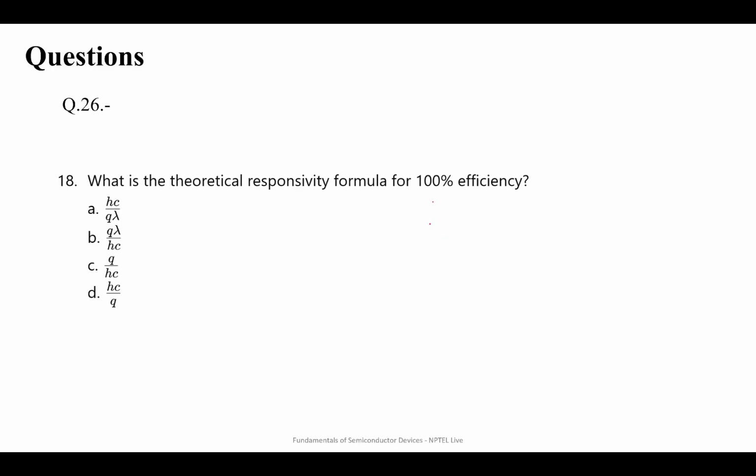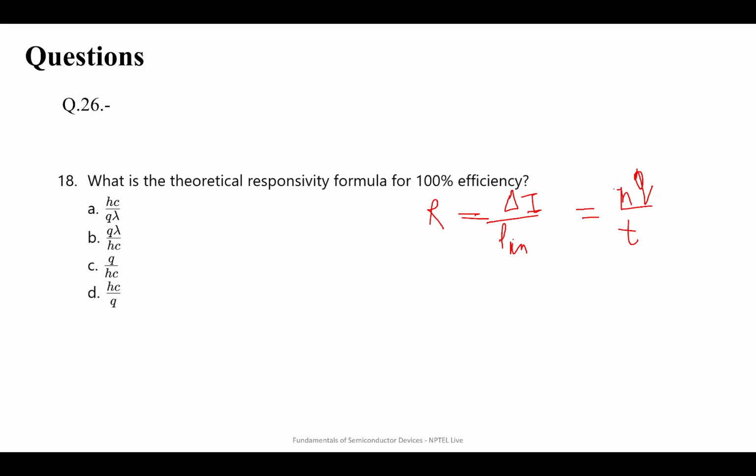See, what I told you, responsivity is delta I by P, right? So you can write delta I as n q by t.